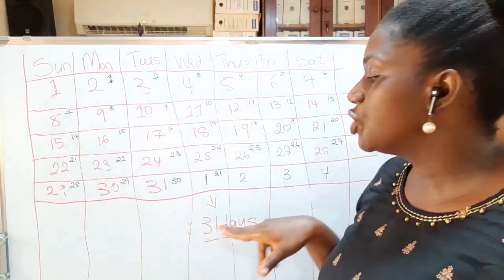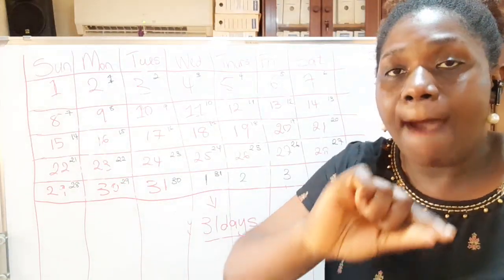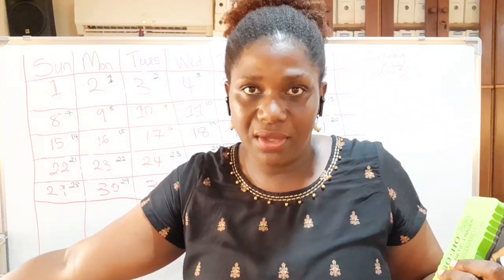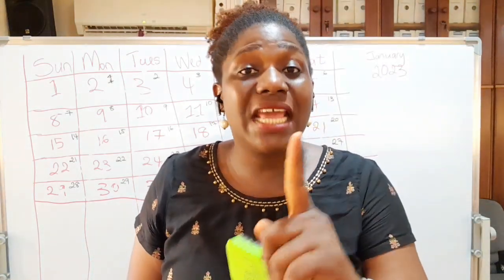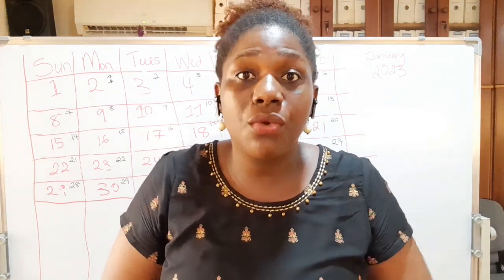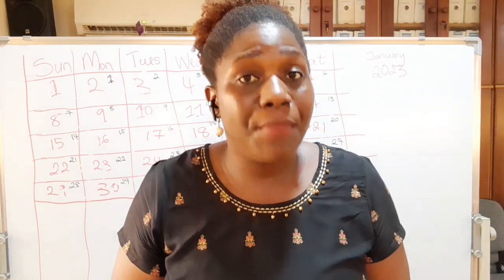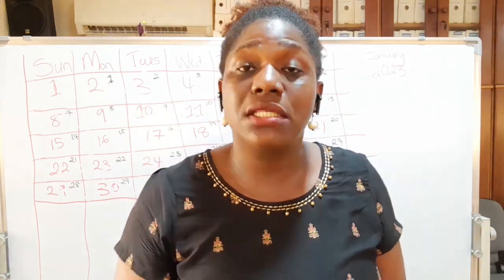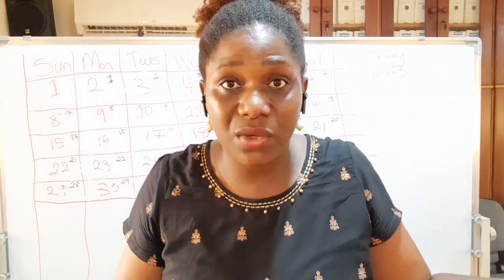So how shall we know her ovulation day? Within her menstrual cycle length, she will ovulate only once. There are some women who have their period twice in a month, but bear in mind that they will ovulate once in that menstrual cycle length.